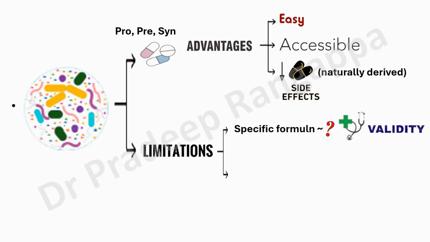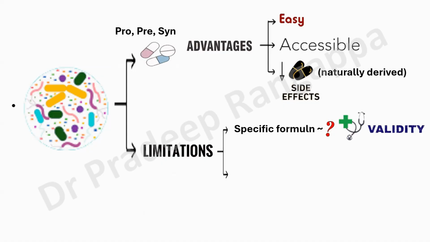But the limitation is we do not know the specific formulation that may suit our different patient groups, and there is questionable clinical validity of these prebiotics and probiotics, because commercially there are a lot of prebiotics available, which are all fibers. It's a naturally existing fiber that we derive. So you have Naturalax powders, or inulin powders, and so on.